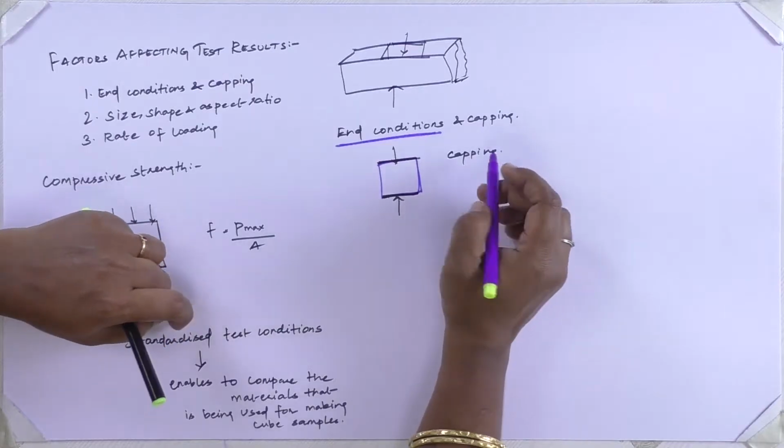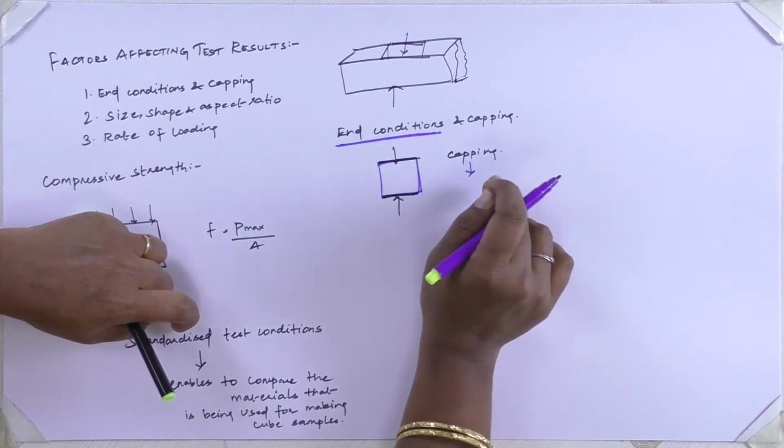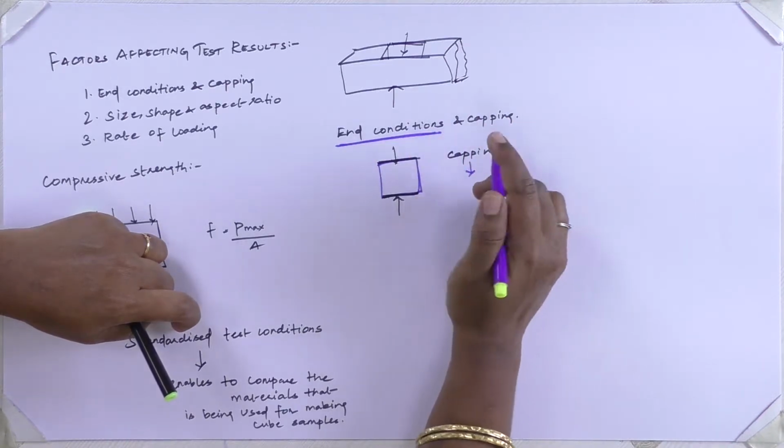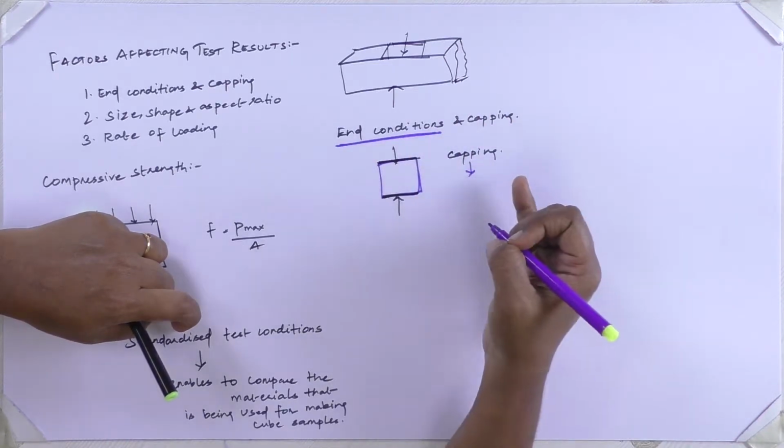We will be putting some materials so that we will be able to get a standard size of the material before testing it. Then if this capping is done, it influences the strength results. Why this capping influences the strength result and how it does, we will see in detail.